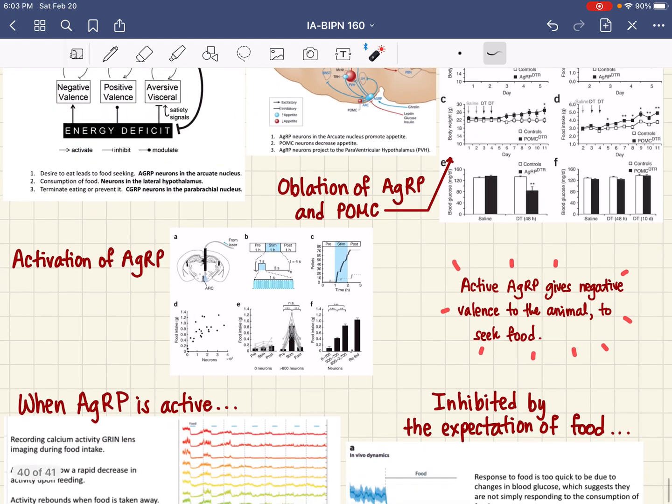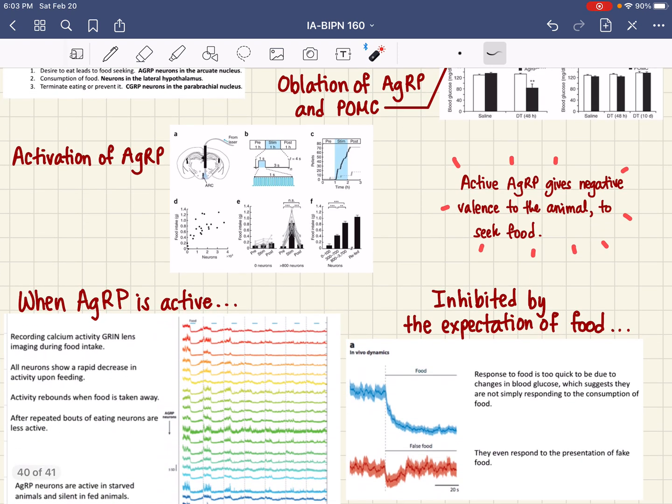Okay. Before I move on, remember that active AGRP neurons allow the mouse to feel negative valence, meaning when these are active, your body realizes that you are hungry. And this gives you a feeling of being hangry, right? So you start to seek food.